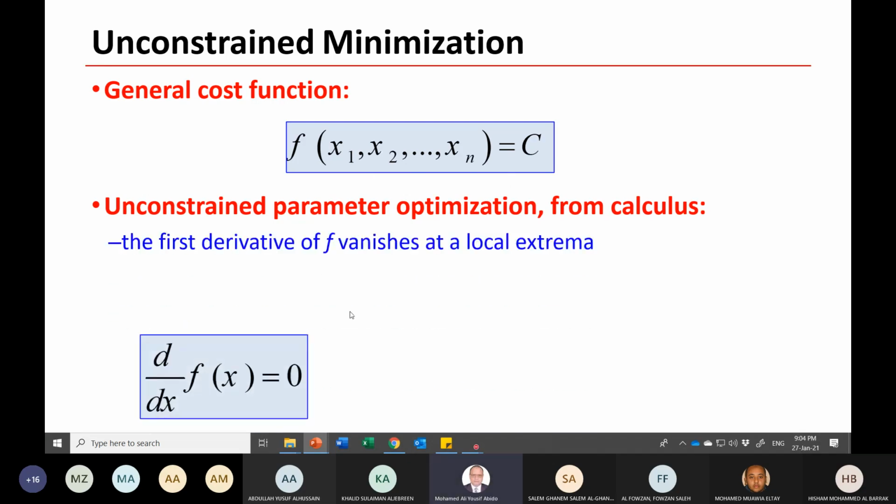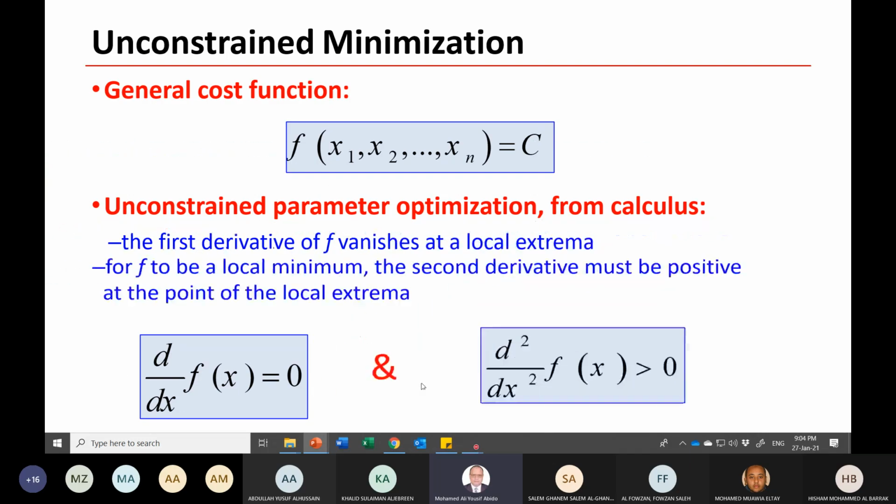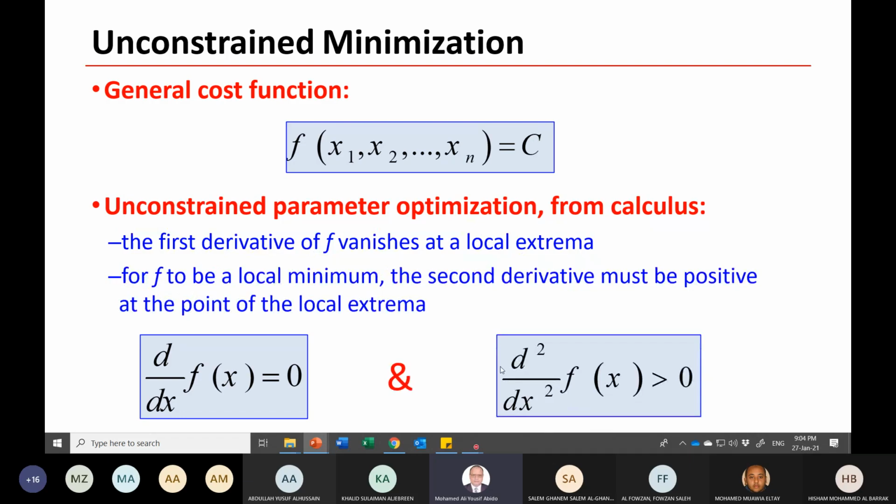So in this case, it is quite easy. You can take the derivative equal to 0 and solve, and then you check the second derivative, and you can say this is positive, this is local minima or local maxima, or flat point. And this is straightforward.